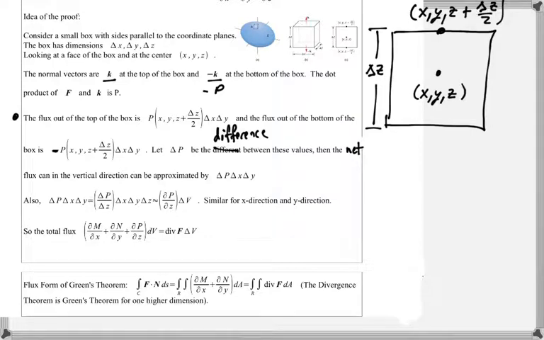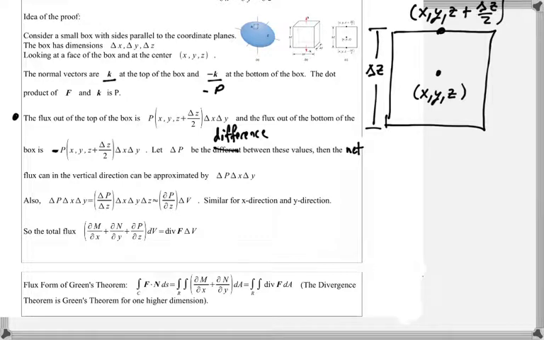Also, delta P times delta x times delta y can be written as delta P over delta z times delta x, delta y, delta z. Then if we let our delta x, y, z's get closer and closer to 0, that is approximately equal to the partial of P with respect to z, times delta V.